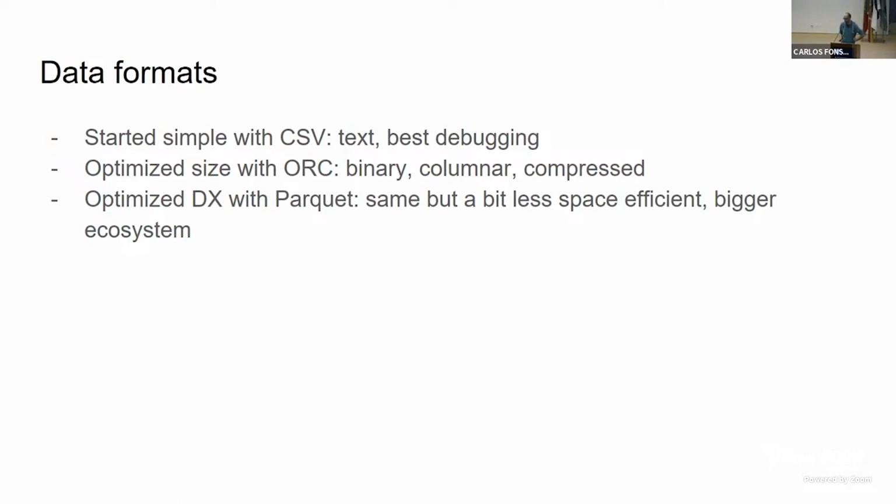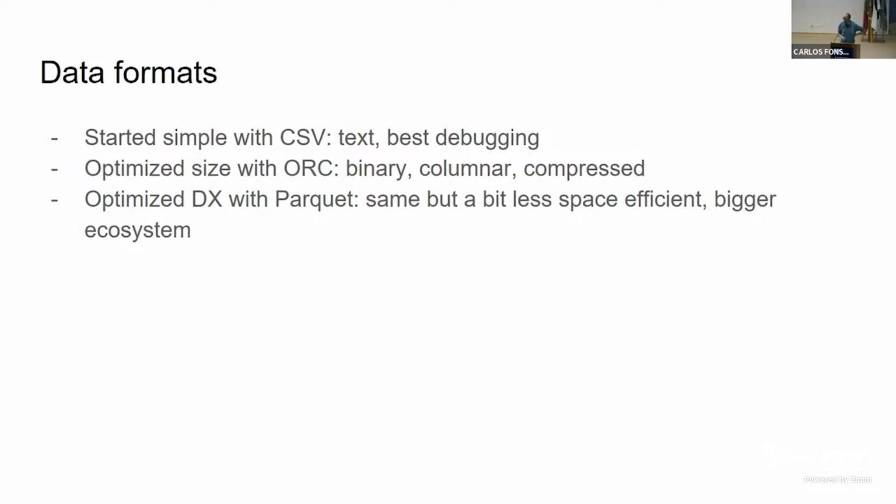The problem with text files is that they're not data friendly because they are big, they're not compressed, and they're slower to query. So we optimized for size and moved to ORC files, which are a binary, columnar, and compressed format. So we optimized a lot the time spent on reading the files and the storage space they took.